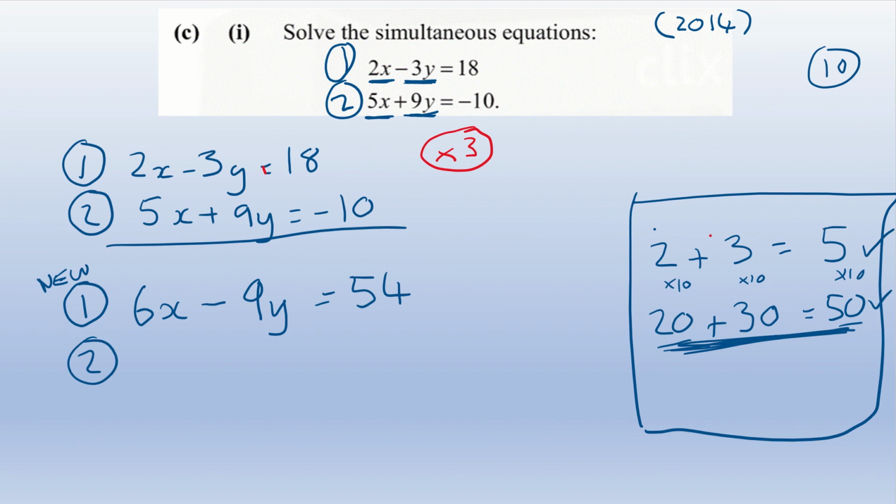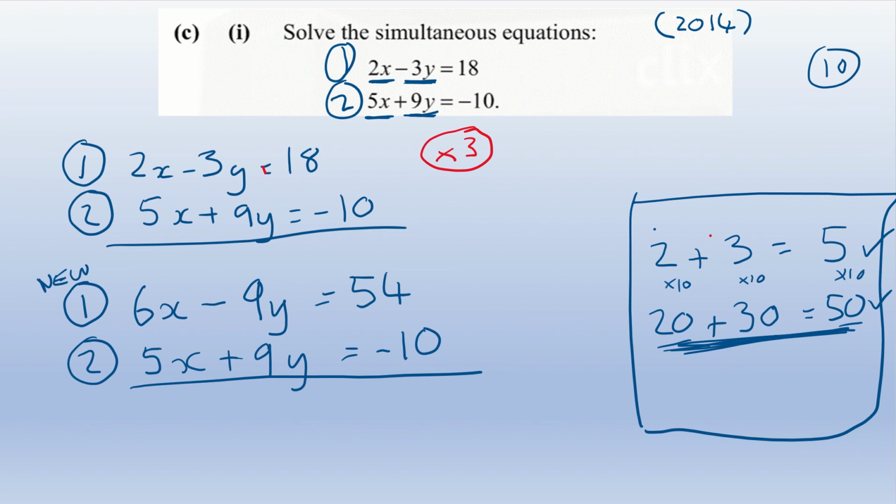So we still have our equation number 2 to deal with, and that says that 5x plus 9y is equal to minus 10. Now, in this scenario, we have a minus 9y and a plus 9y: the numbers are the same, but the signs are different.